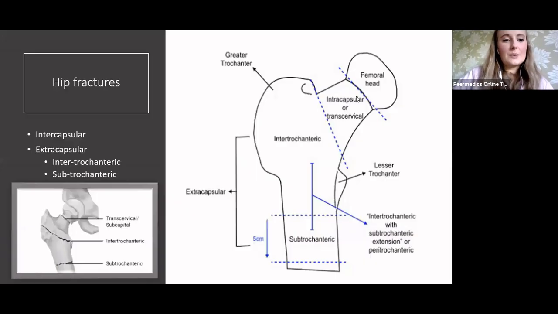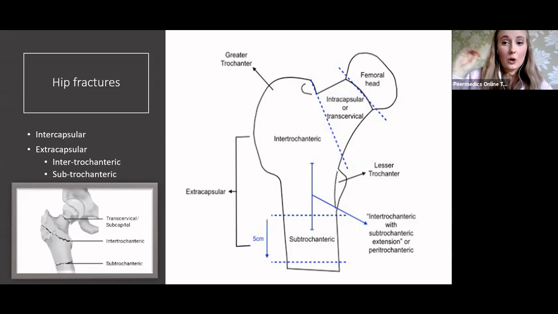So hip fractures, like I was saying, you'd break them down into intracapsular or extracapsular, and you can see on both the images that I've got up there the lines of where that's happening. There are odd descriptions they'll give, like intertrochanteric with subtrochanteric extension, and so on, but it's important to recognize which is which based on identifying it on an X-ray, and then your management, because you manage each one differently, and there are a few factors that will change your management as well.